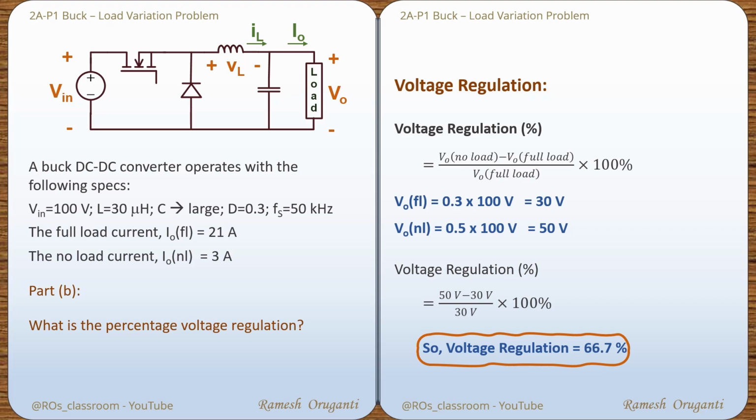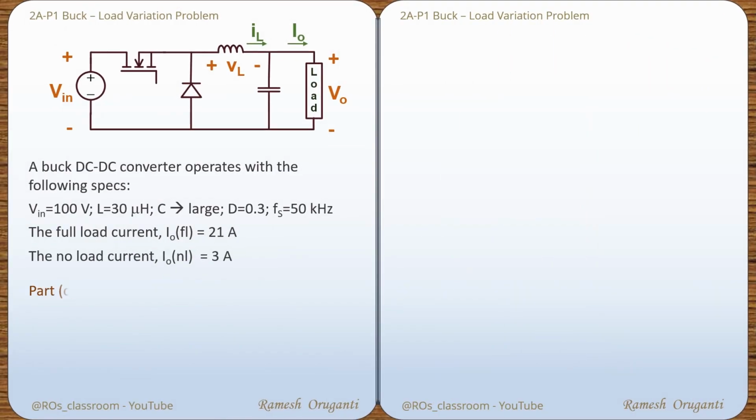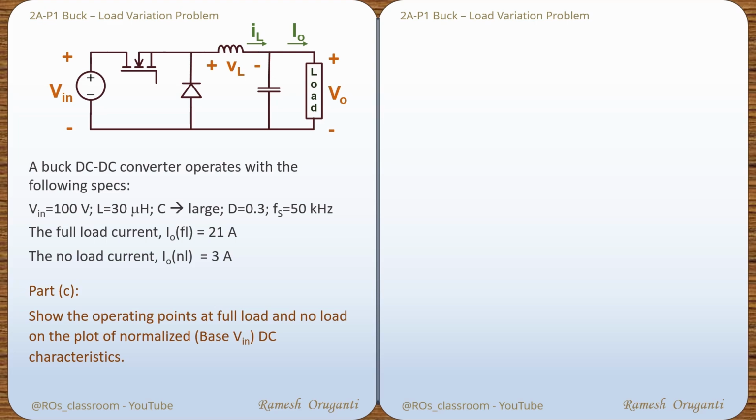Next, we will see part C. Show the operating points at full load and no load on the plot of normalized DC characteristics. The normalization is done using base Vin method. First, let us determine the normalized operating point.